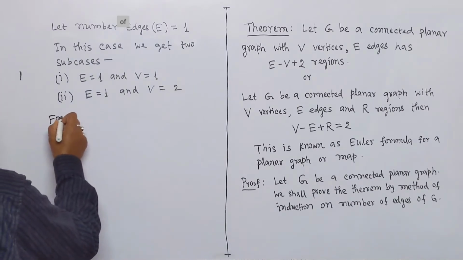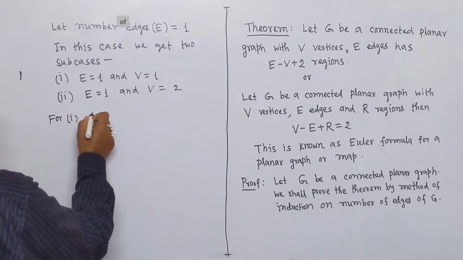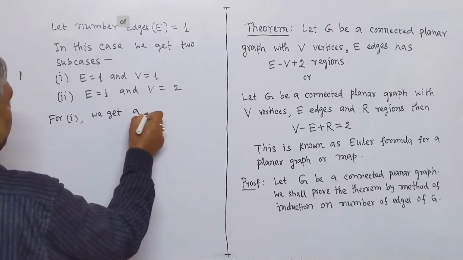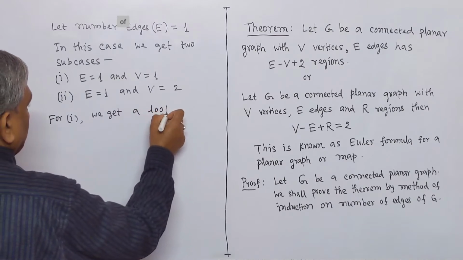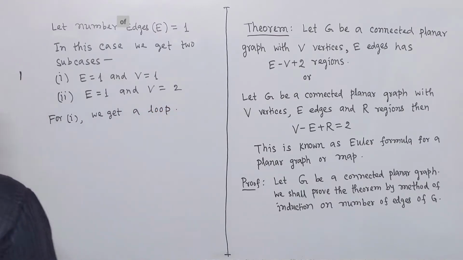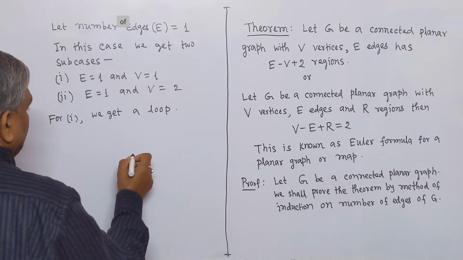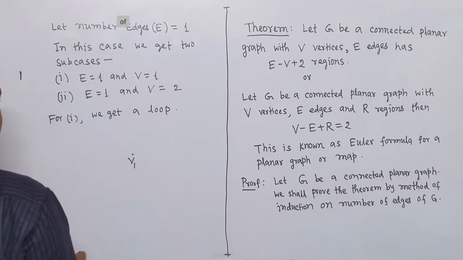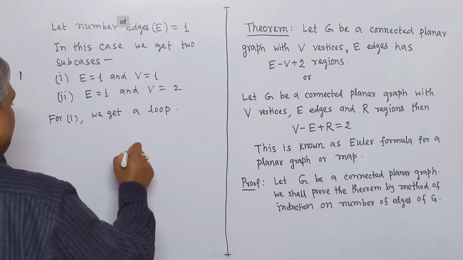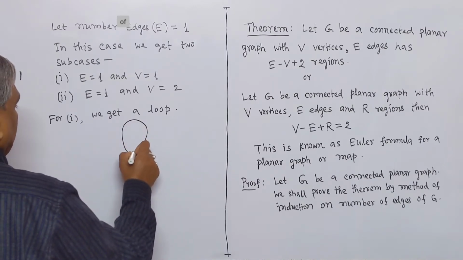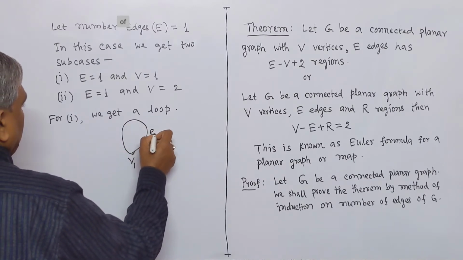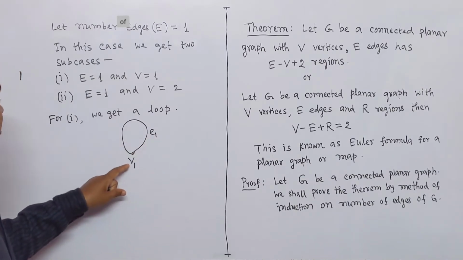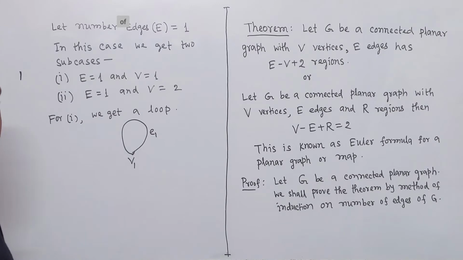For 1, we get a loop. Here vertex be V1 and edge be E1, one number of edge and one number of vertex.